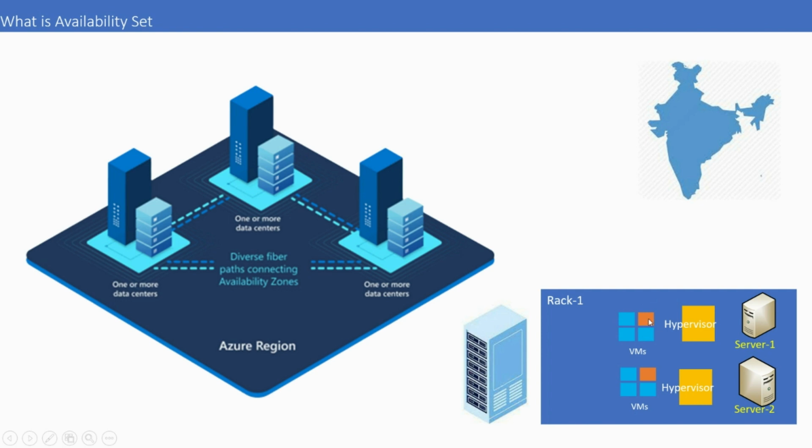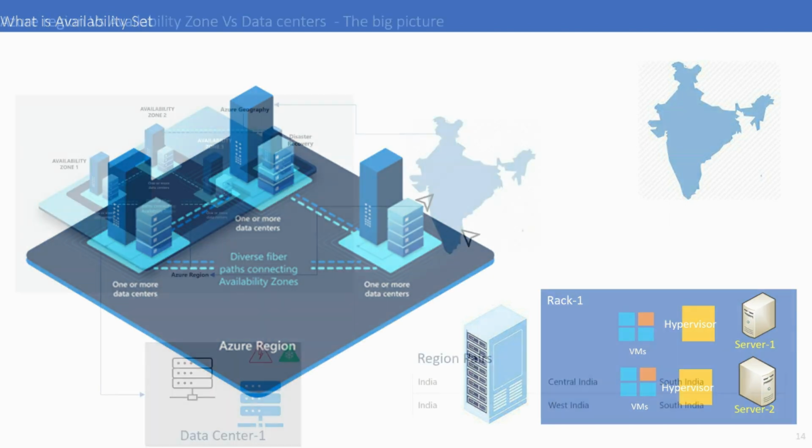Any of these virtual machines, which are separated from the physical hardware, form an availability set, and that makes a connectivity between various components, which includes data center, availability zone, Azure region, and then rack, server, and hypervisor.